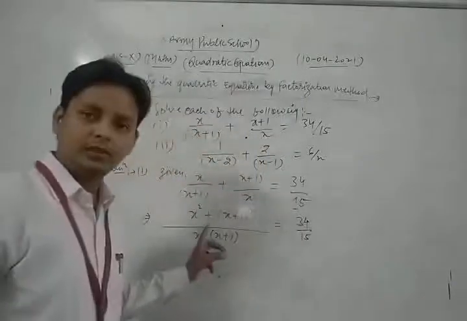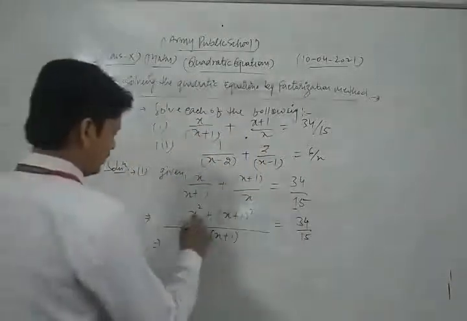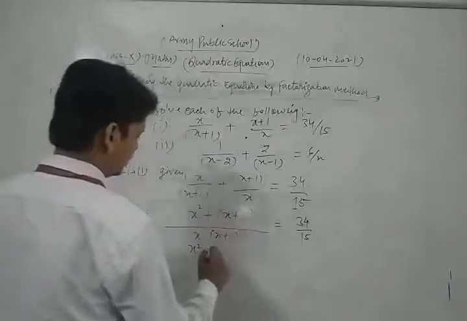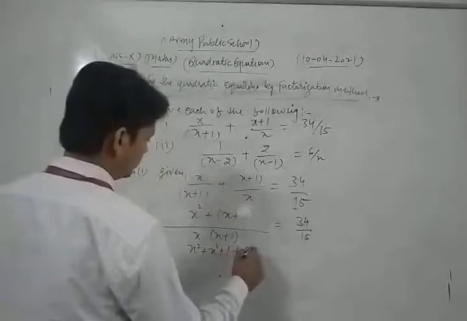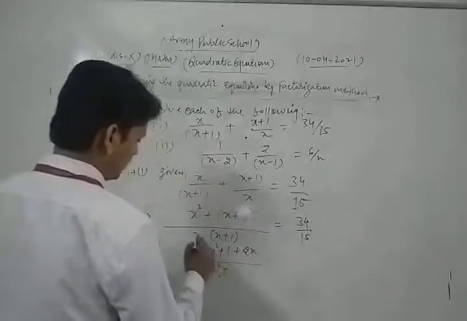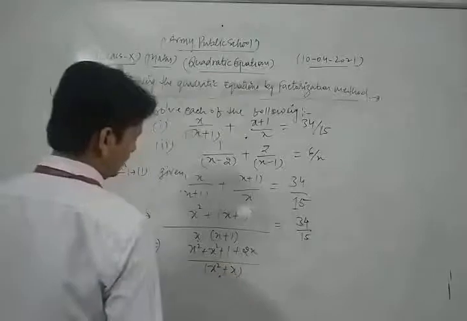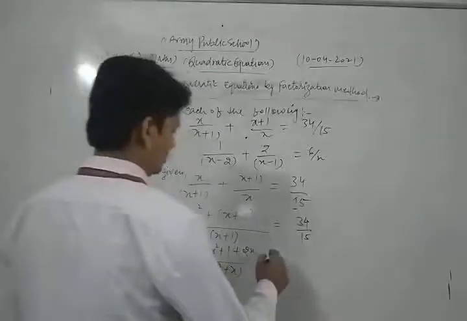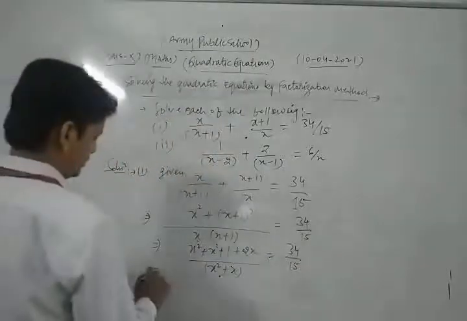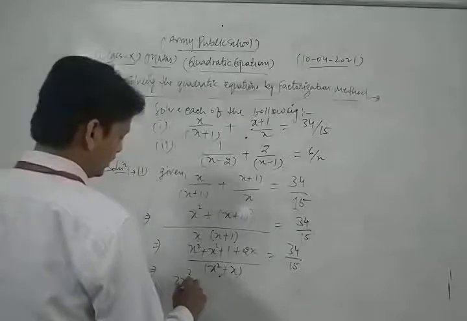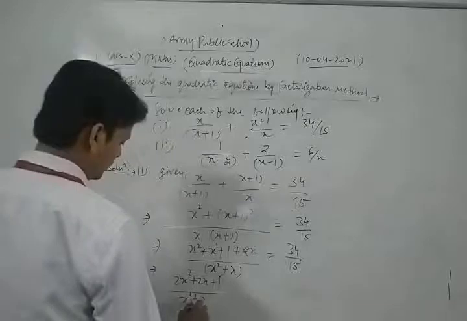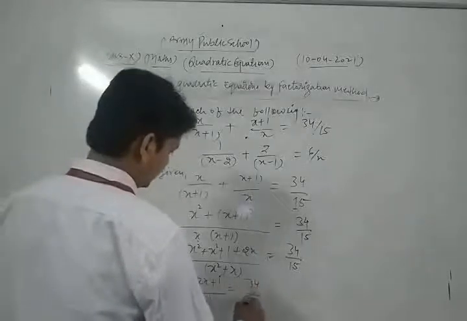Now in the numerator we simplify and expand: x square, and x plus 1 whole square is a square plus b square plus 2ab, so plus 2x, and in the denominator we write x square plus x. Now we get 2x square plus 2x plus 1 upon x square plus x is equal to 34 upon 15.